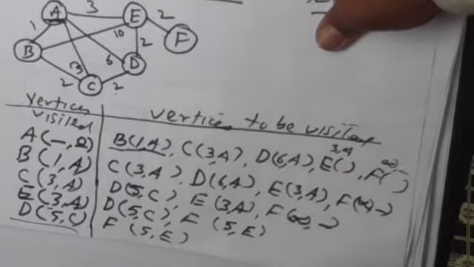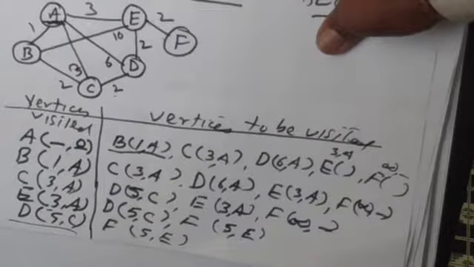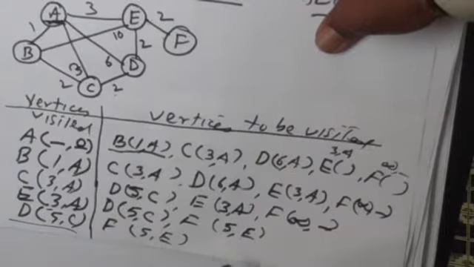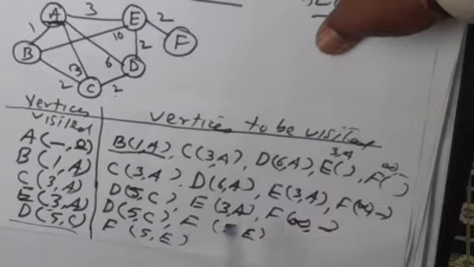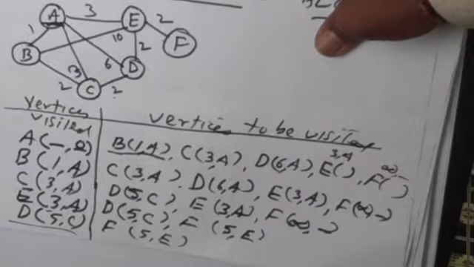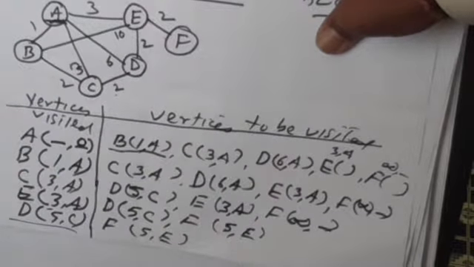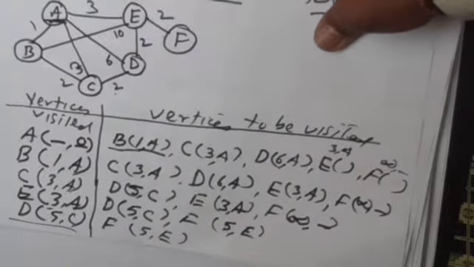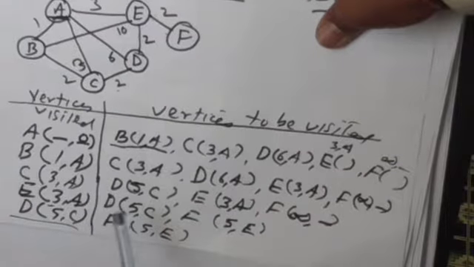So the distance from E to D, which is not visited, the distance from E to D is 2.